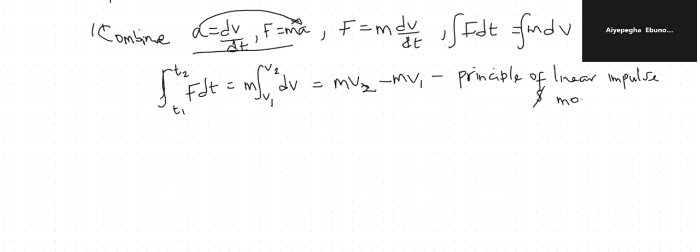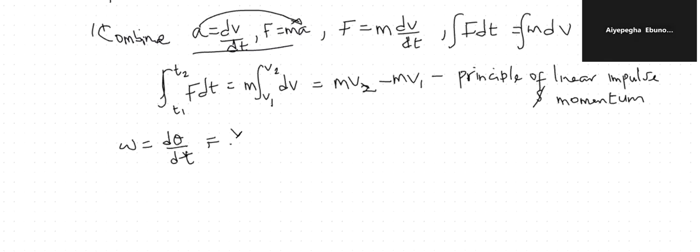Now, if you combine the four equations that I gave you at the top, you can get omega equals d theta over dt, which is the same thing as v over r.